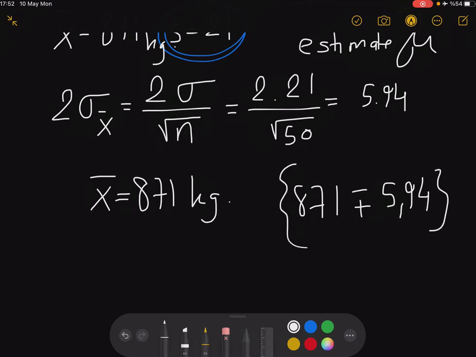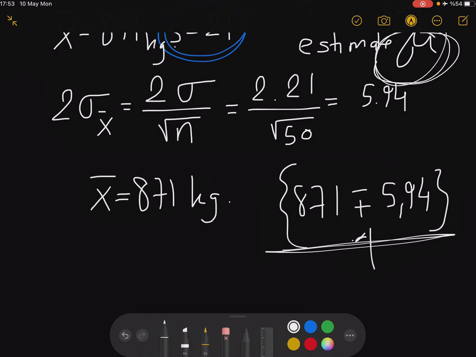If you use Chebyshev theorem here, at least 75% of your estimates will fall within that range around mu, which is unknown, but mu can be right between these values. It is valid for this given range. That's the idea about point estimation for the population mean.